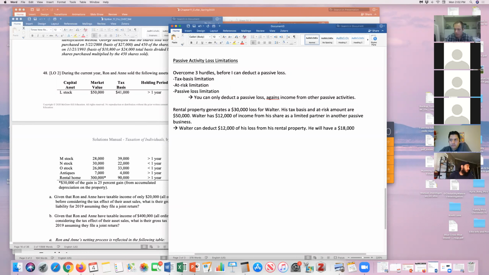If he has more passive income next year, he can use the carry forward then. Technically there's an exception where sometimes on rental property, if your income is low enough, you could deduct more of the loss, but we didn't really get into that, so don't worry about that for exam purposes.